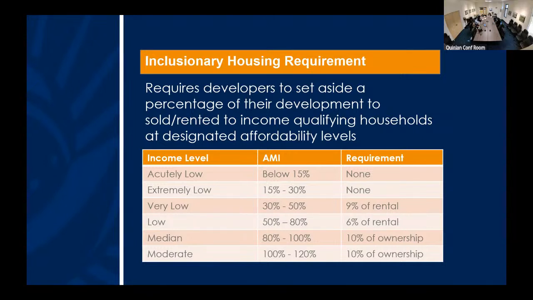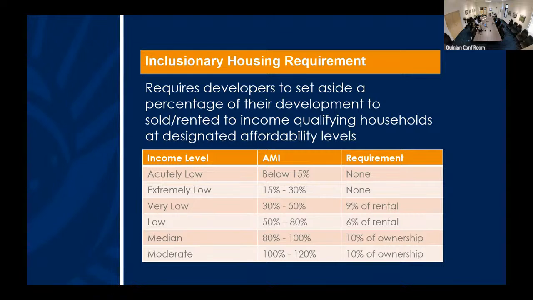Okay. And how are the percentages determined? Like the requirement, like 9% of rental and 6% of rental, how were they determined? So that was determined based on inclusionary studies of the past, where they were trying to figure out what is the financially feasible way to make an inclusionary requirement.